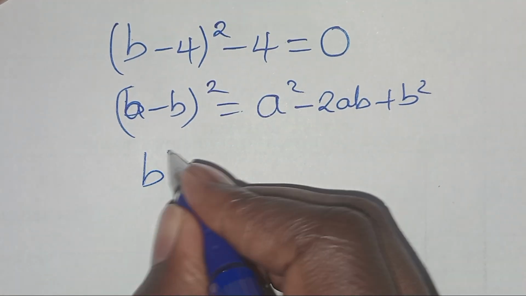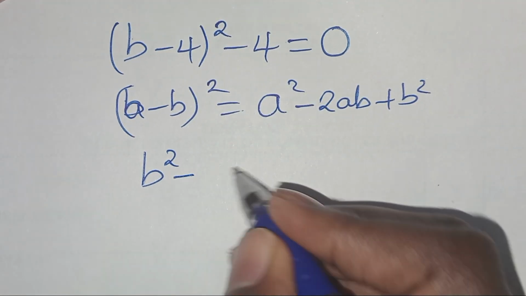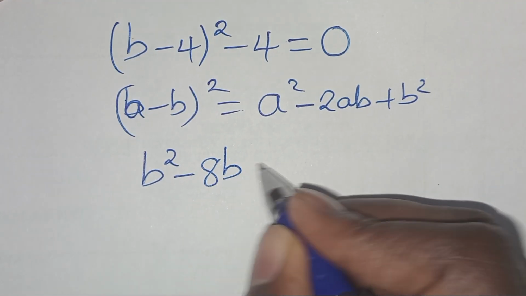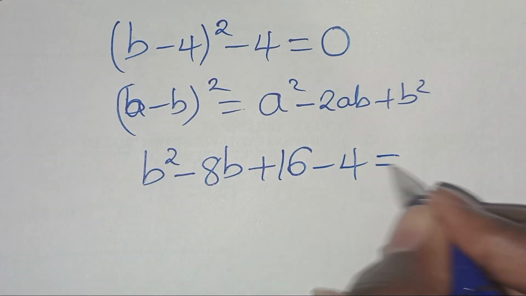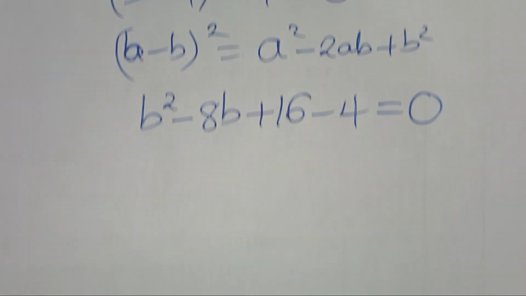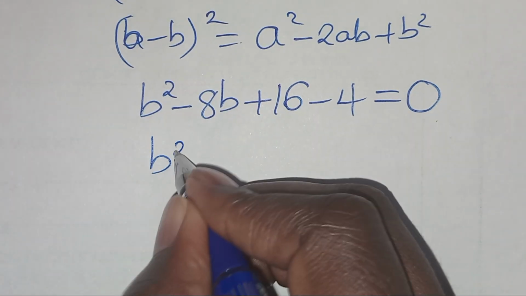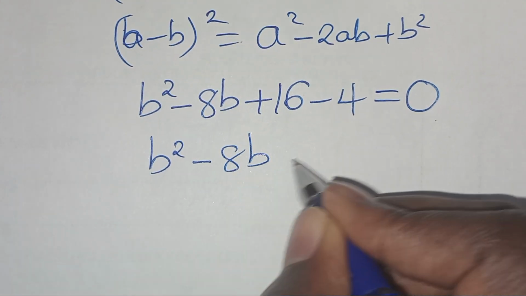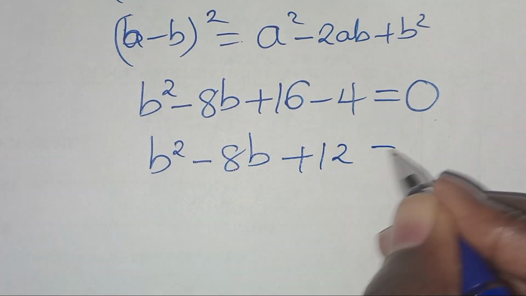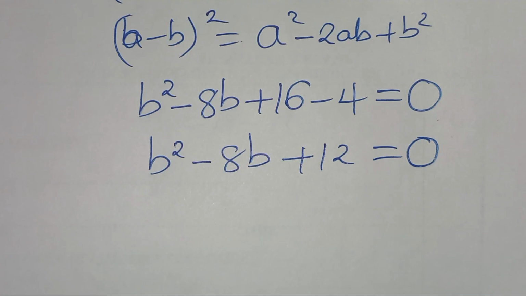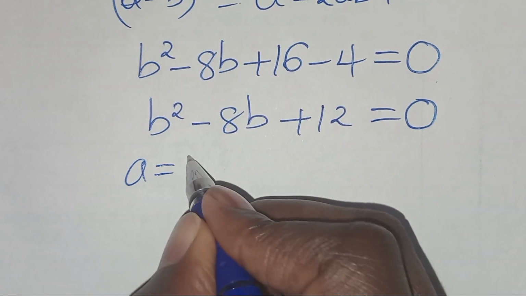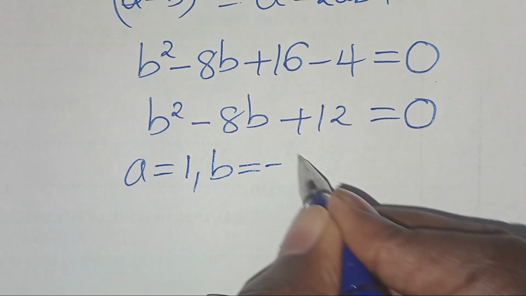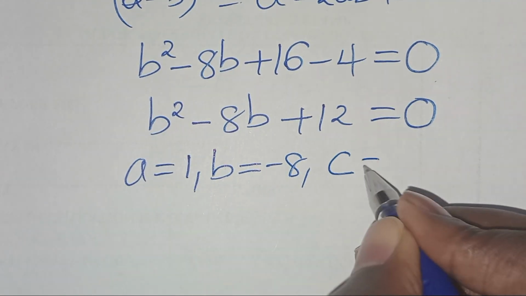We'll have b^2 - 8b + 16 - 4 = 0. So here we have b^2 - 8b + 12 = 0. Now, this is a quadratic equation with a equal to 1, b equal to -8, and c equal to 12.